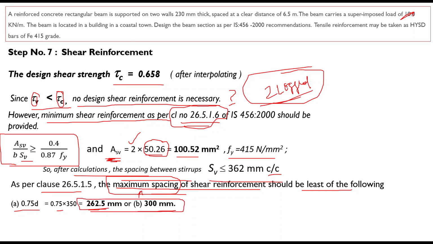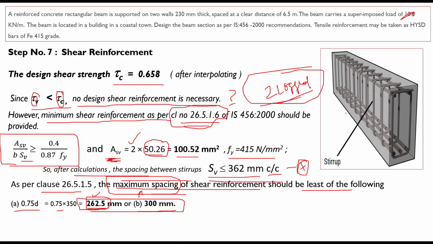So it is 262.5, and equation A is giving a spacing between the stirrups of less than 362, but based on this condition we can't go beyond 262.5. So the spacing between the shear reinforcement should be even lesser than 262.